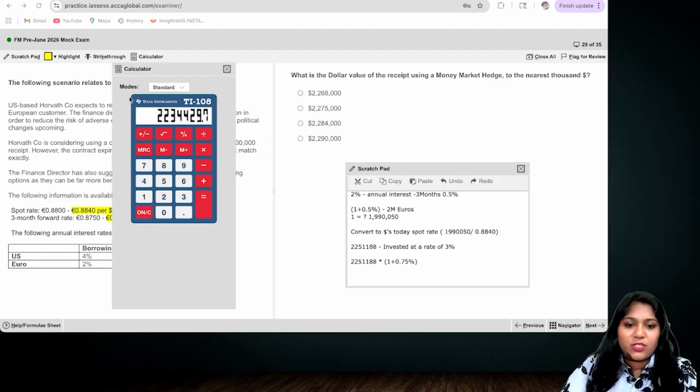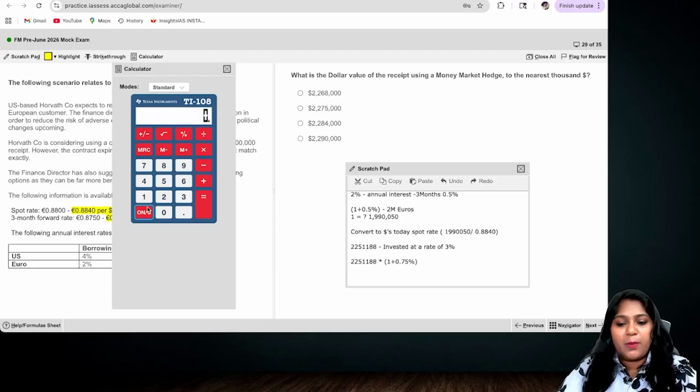I'll do the calculation again, guys. Is it 1 plus 0.75 percentage? Yes, it's 1.0075.